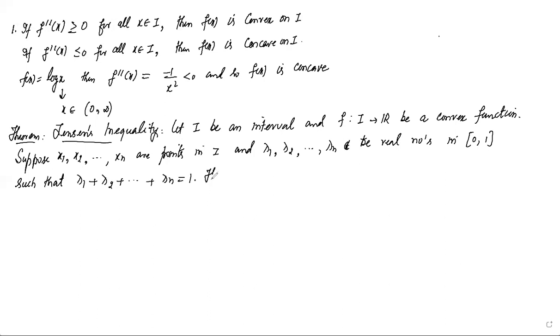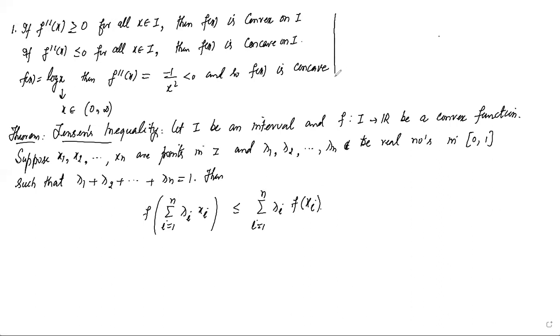Then Jensen's inequality tells us that f of summation i running from 1 to n lambda i xi is always less than or equal to summation i running from 1 to n lambda i f of xi. This is actually a generalized version of how we had defined a convex function.